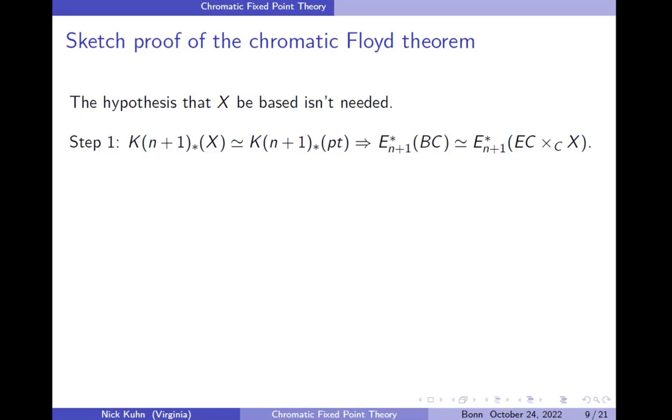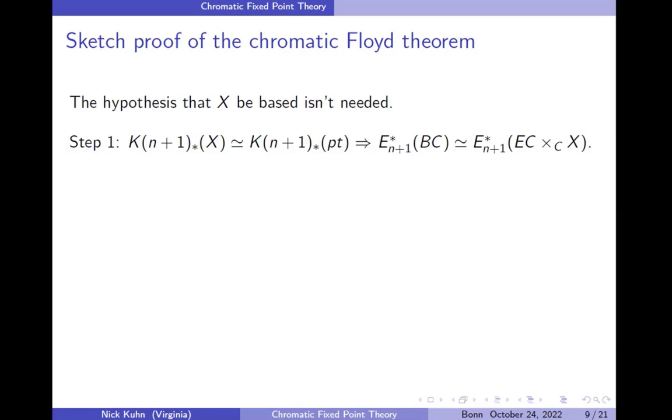You hit it with the cheapest equivariant theory you can think of, EC cross C blank, and it gives you a map from the cohomology of BC up to the other one. This will be an isomorphism, and so I've switched to Morava E_n theory. This is a pretty easy thing to see, and it doesn't use very much about Morava E theory.